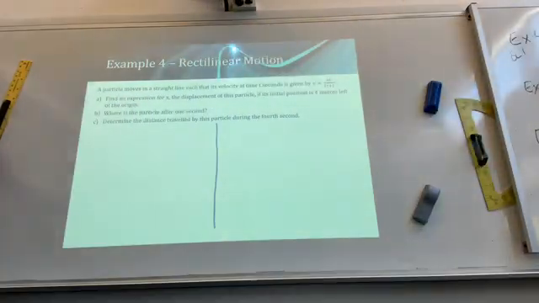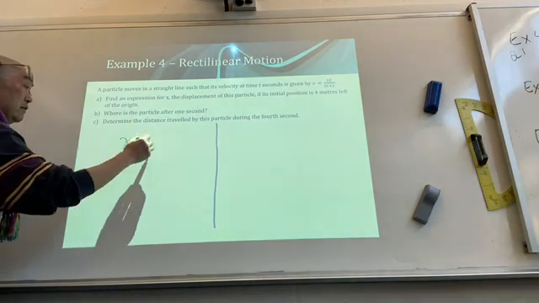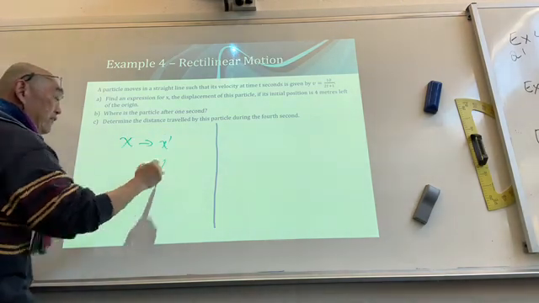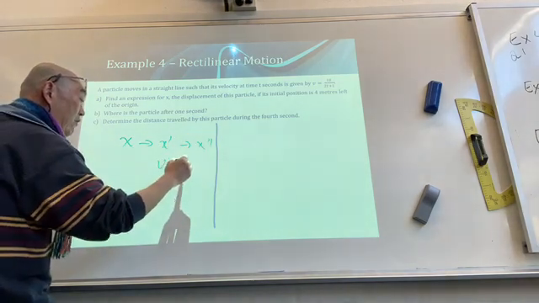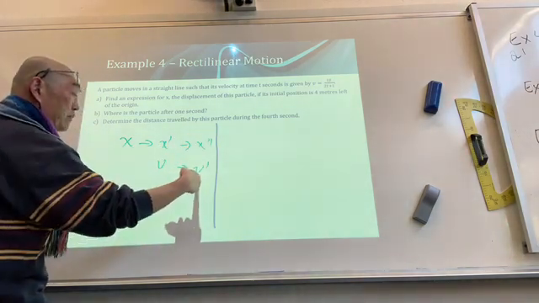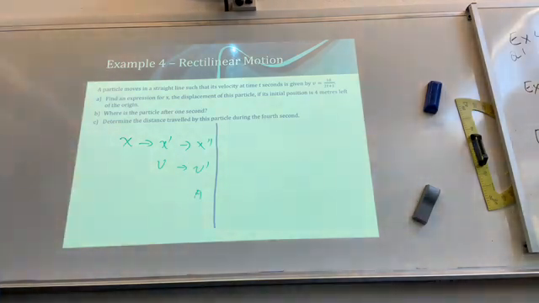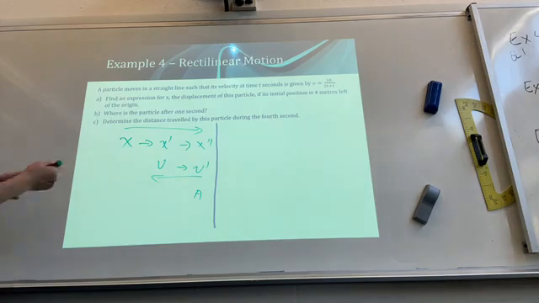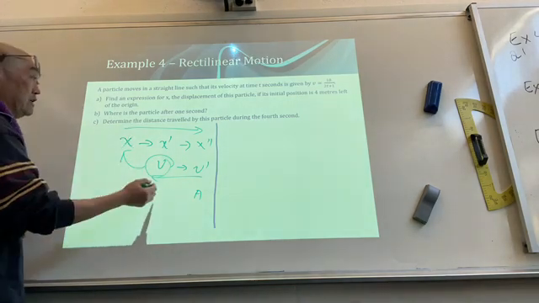When you're given x, the velocity is the first derivative, and the first derivative of velocity is acceleration. You must remember that. You know how to go forward and you know how to go back. So in this situation, you're given v, so you need to know how to go back to displacement.